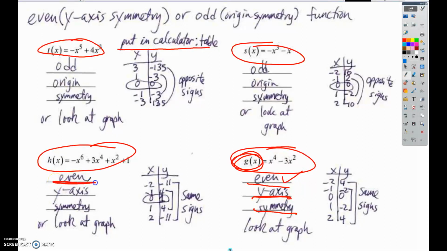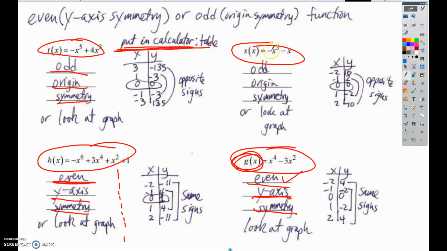It is centered on the y-axis, a vertical line that goes straight through the middle. I'm going to say even function with y-axis symmetry. On the other hand, t of x, negative x raised to the fifth plus 4x cubed, that is going to be an odd function when I look at it in my calculator, and I see that it is centered on the origin.